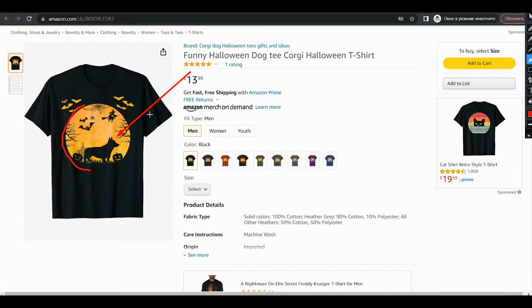or cat breeds. But to be honest, a cat can be simply one cat, because it is usual for dog designs to have different breeds, but not for cat designs.